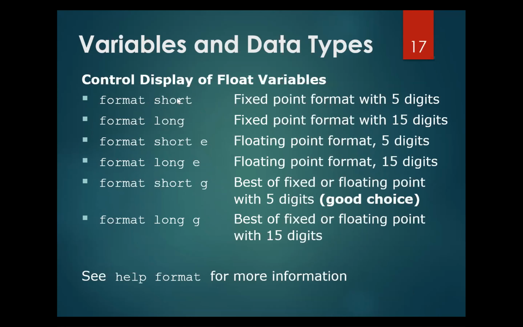And these are other formats. If you want to display your decimal places in a short form, that is 5 digits decimal places, 15 digits decimal places, in that order, you can use the commands. Right.